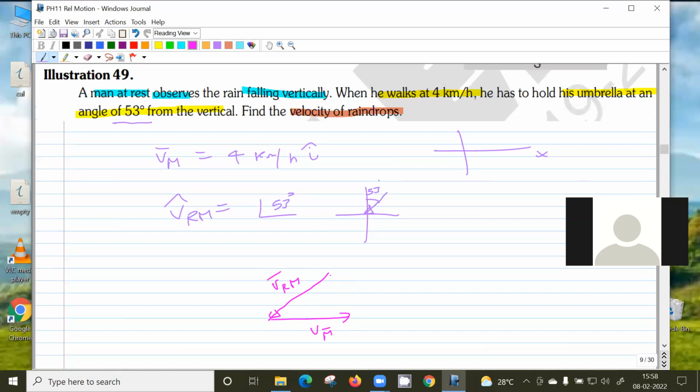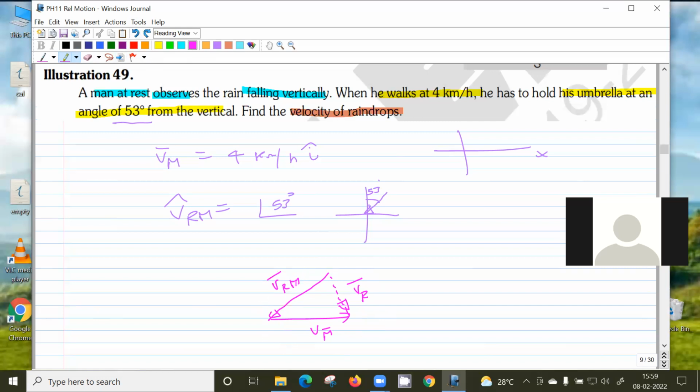So what is this third side then? Velocity of man minus velocity of rain, right? So the direction of velocity of rain should be this way, because this one is velocity of rain minus velocity of man. From here to here we can go in two directions.